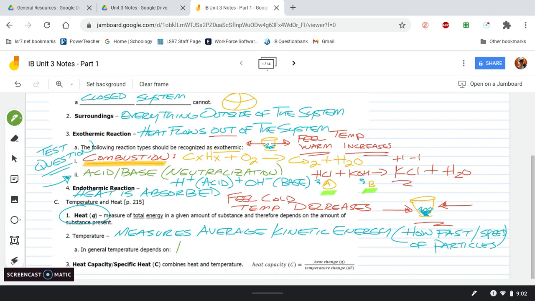So how much heat did we add? That's like the Bunsen burner, the hot plate, whatever. The mass of whatever we are heating up. And last is going to be the type of substance. Some substances are easier to heat up than others.